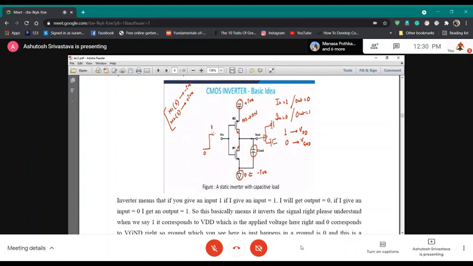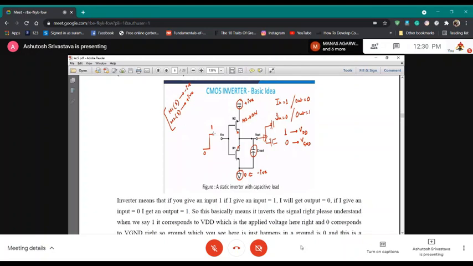The only thing that you need to remember is that the conducting state will be when it is more than your threshold voltage. As we have seen, that is why we started with the basic definition of threshold voltage, how one can control it before fabrication of the chip and post fabrication of the chip.